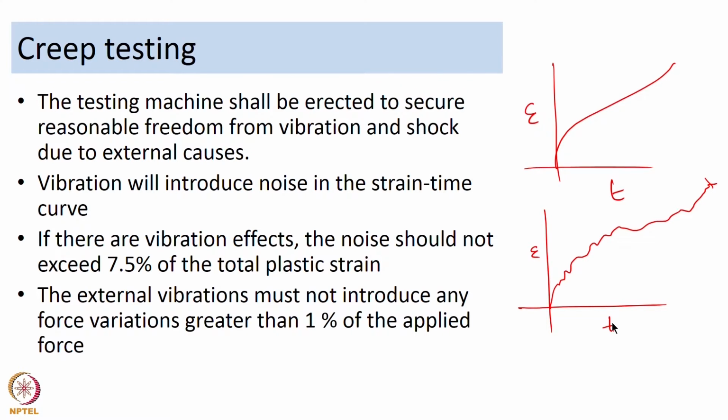So, if you are applying a certain force and you do not want the external vibrations to make their own contributions to the applied force, and in case these contributions are unavoidable, then the maximum that you are going to allow is only 1% of the applied force.